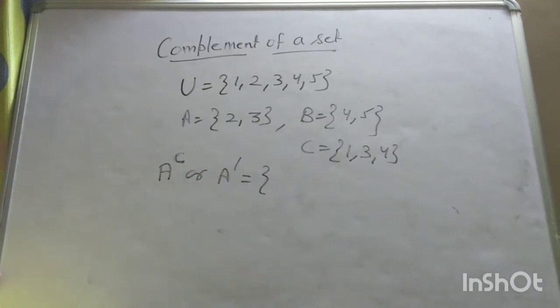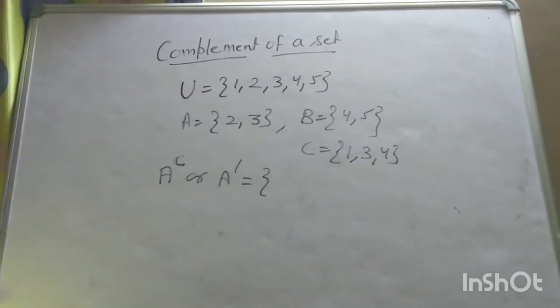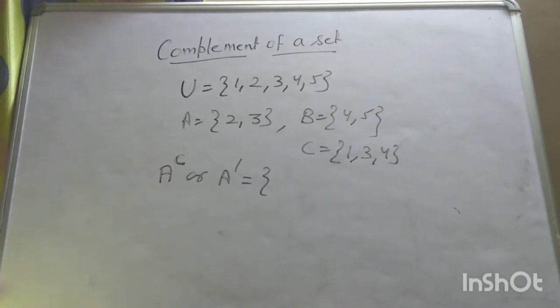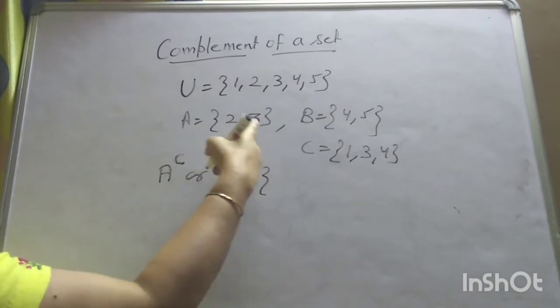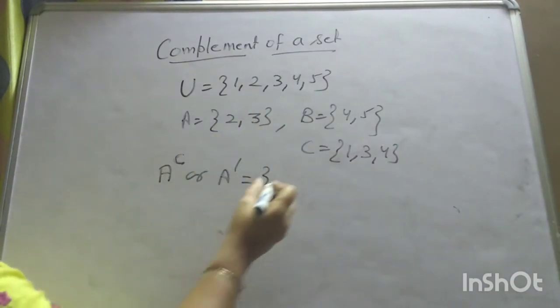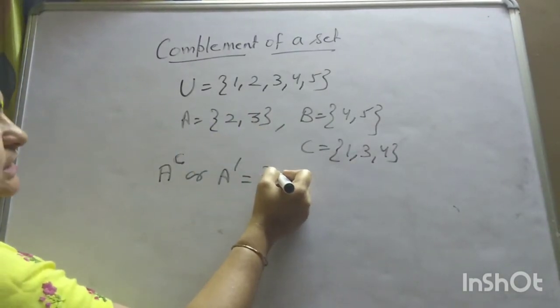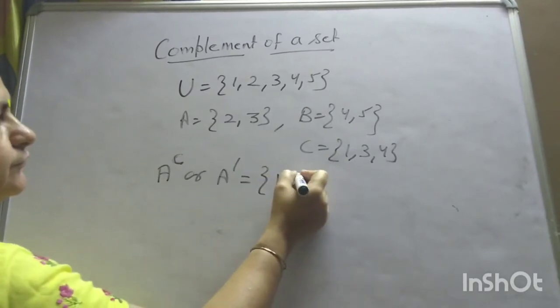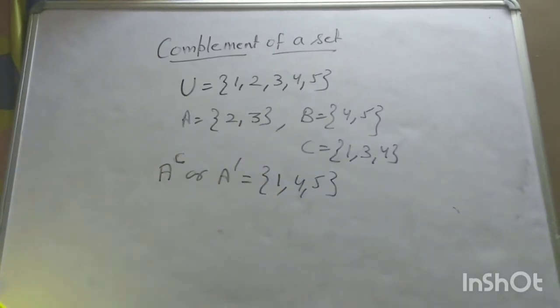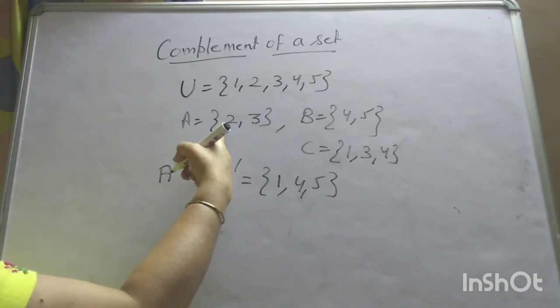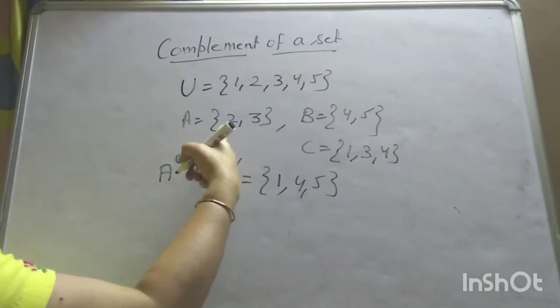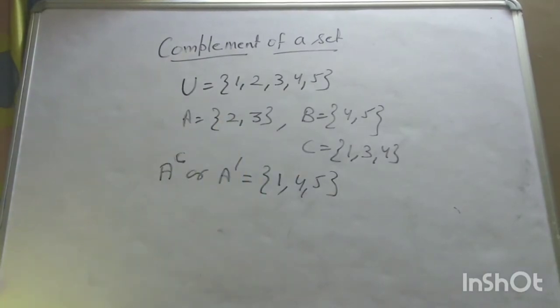We have to write all the elements of the universal set, but we have to leave the elements which are present in set A. So we will write 1, 4 and 5, because in set A we have elements 2 and 3.